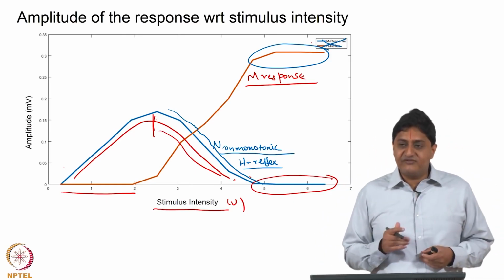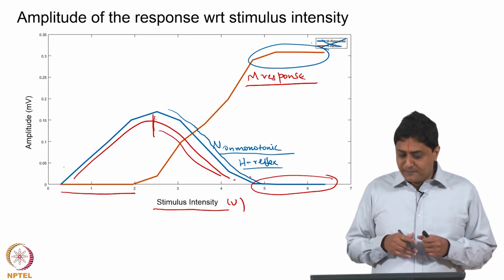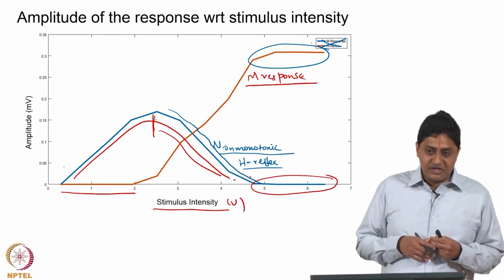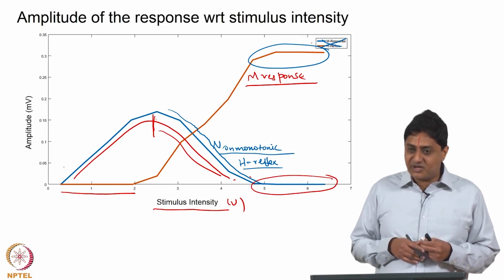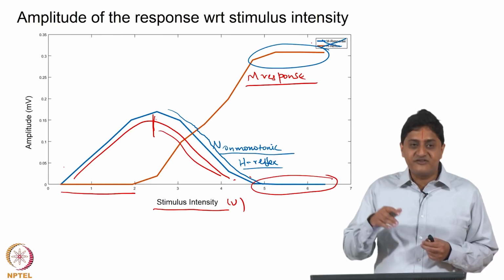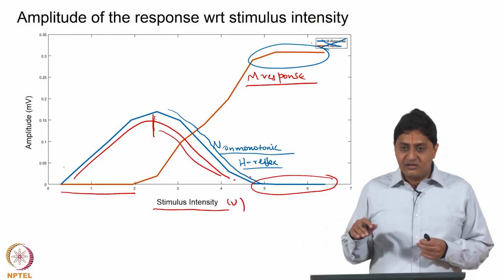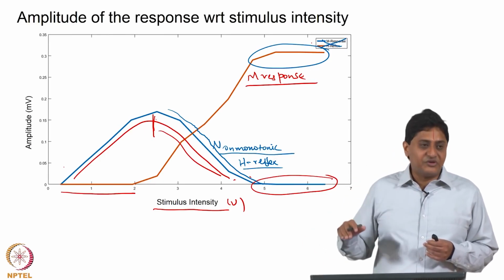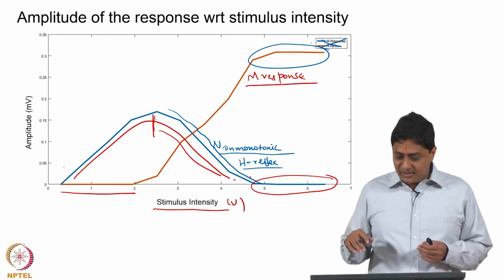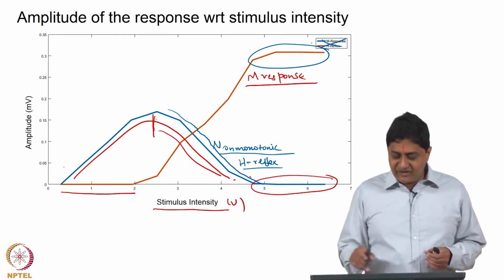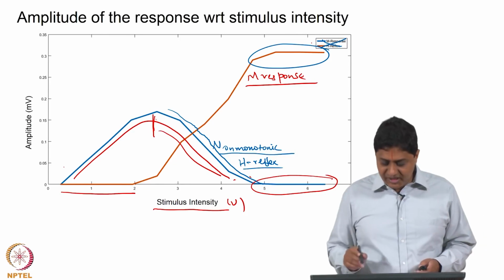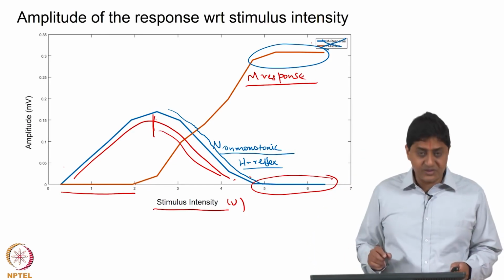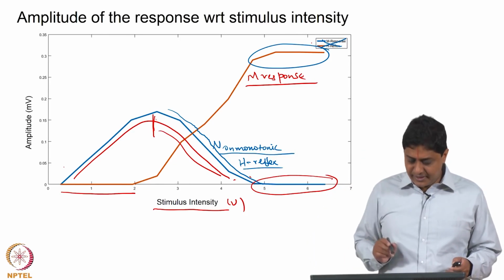And we also saw what could happen if I increase the frequency of stimulation. If I increase the frequency of stimulation, the H reflex amplitude keeps reducing after some time, right. So why? Because of similar mechanisms. Please do read about this. But at least I have given you a start to read, okay.